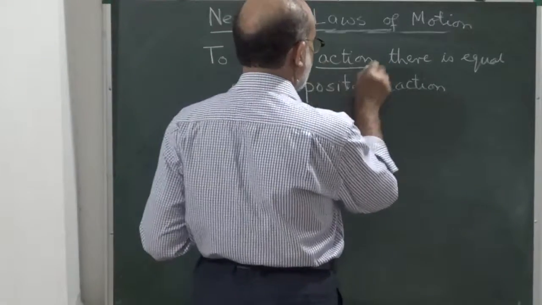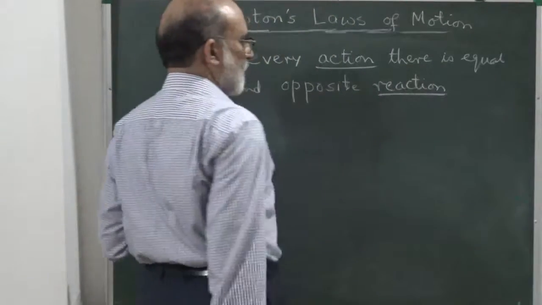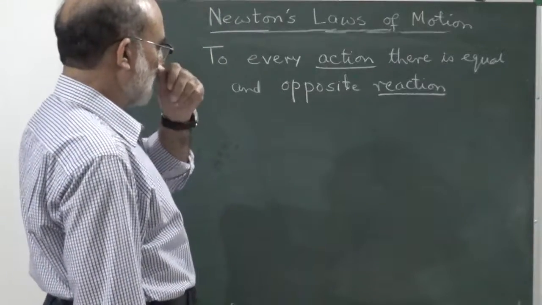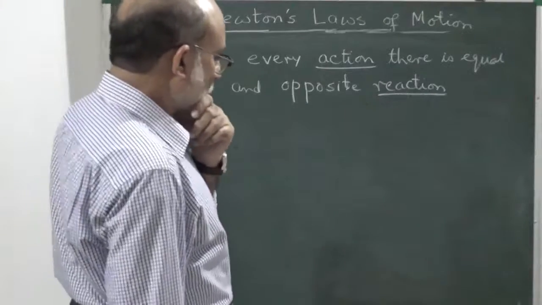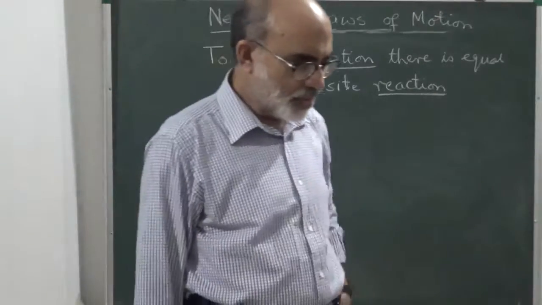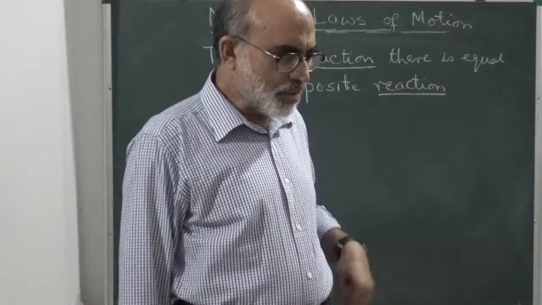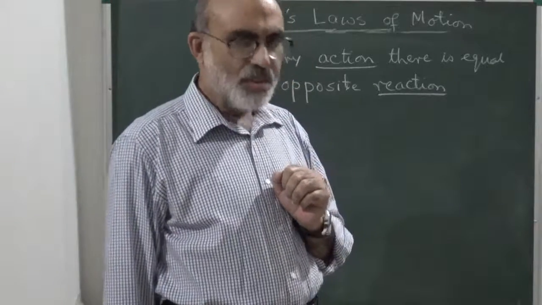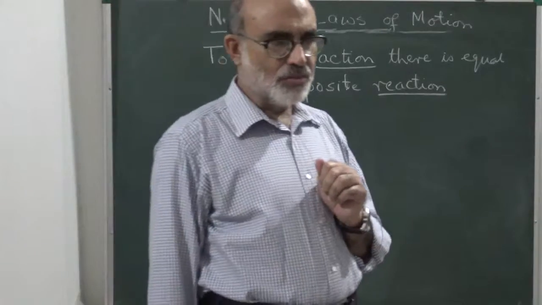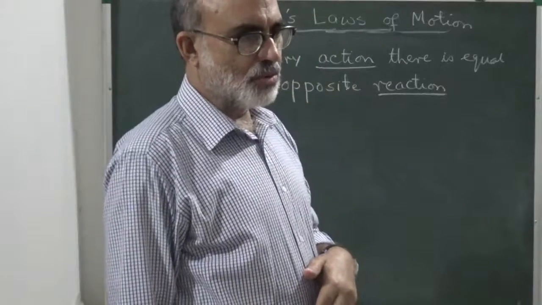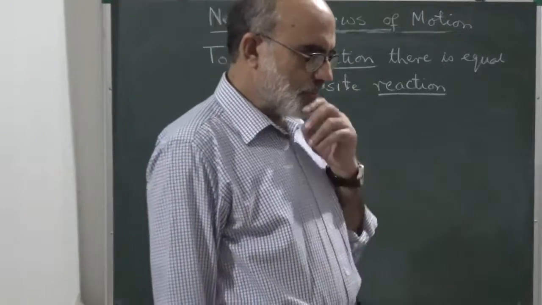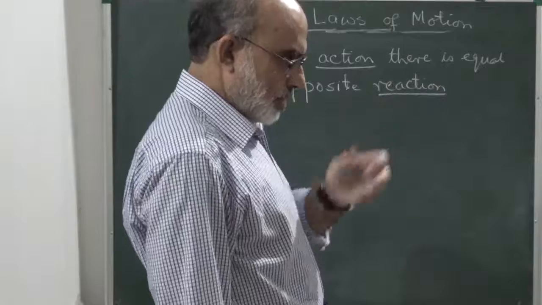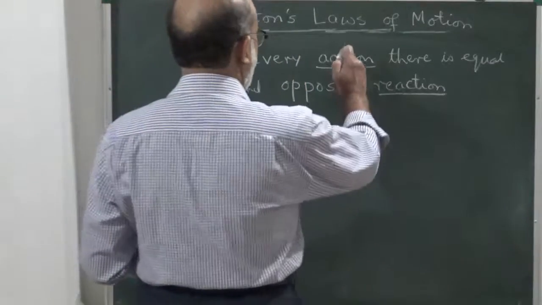So here we have two quantities. One is action and another one is the opposite reaction. In order to apply Newton's laws of motion, the object or the particle on which the laws are applied, or whose motion we want to study, we call that particular body a system.